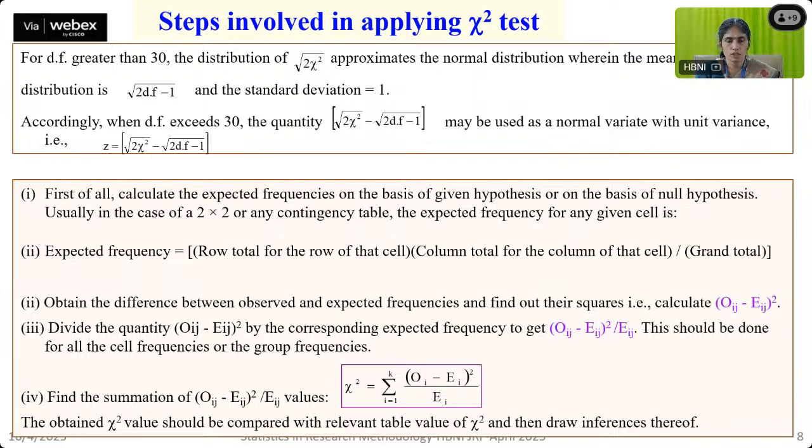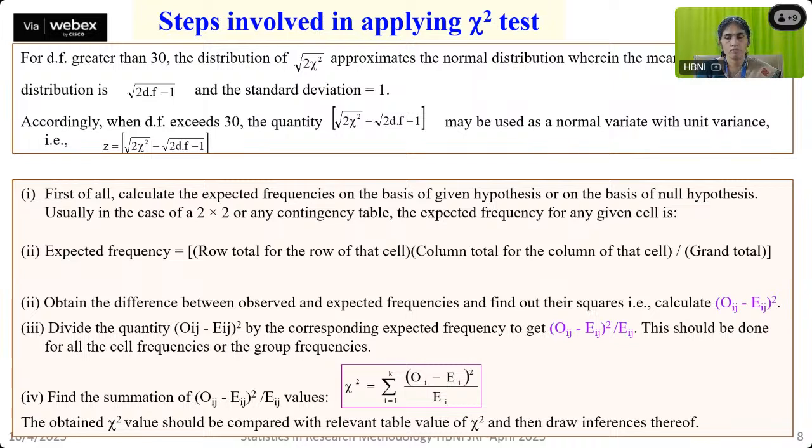The chi-square distribution also, you can see that the mean will be nothing but the square root of 2 times degrees of freedom minus 1. And as the number of data points is more than 30, the standard deviation also will have a magnitude of the order of 1. Then what happens? The Z value is nothing but x minus mu by sigma. You can see the standard deviation is 1.